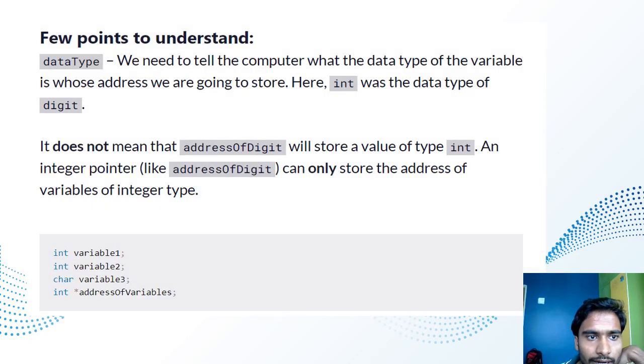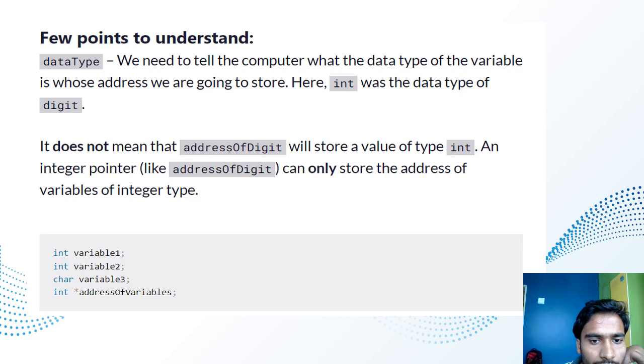Few points to understand. Data type. We need to tell the computer what the data type of the variable is whose address we are going to store. Here integer was the data type of digit. It does not mean that address_of_digit will store a value of type int.